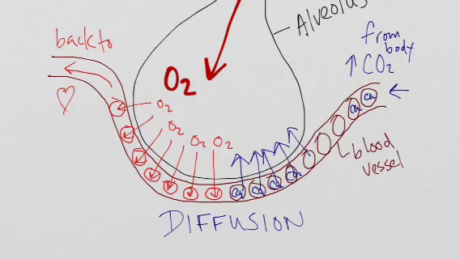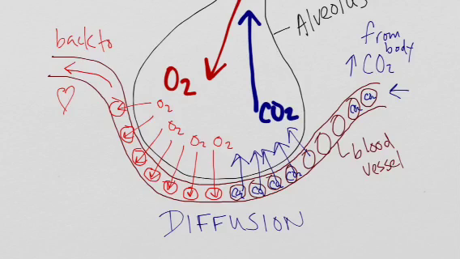And diffusion, does it cost us energy? No, it does not. And this is happening even when you're not inhaling and exhaling, because there's always an amount of air inside your alveoli. They don't ever get fully empty. So what ends up happening here is the carbon dioxide then makes its way out of the lungs through exhalation.